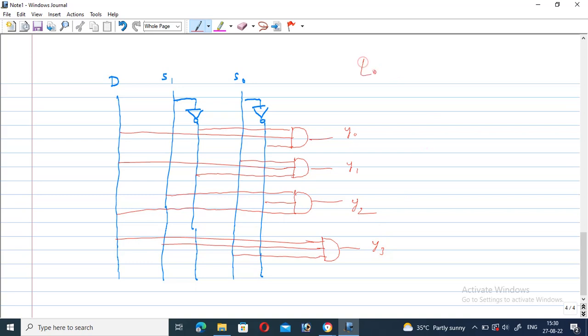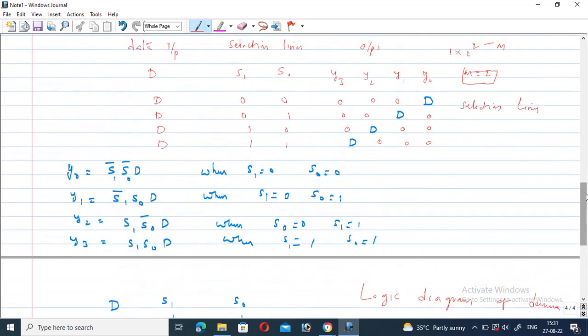This is the logic diagram of Demux for 1 by 4 Demux. Okay, so this is the way we are going to analyze the Demux.